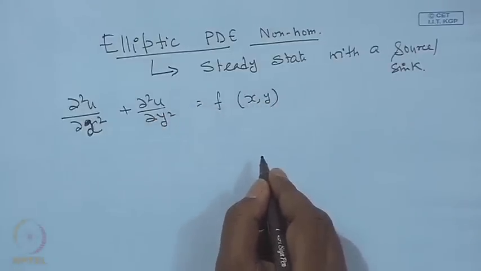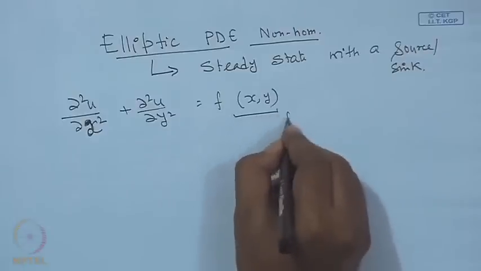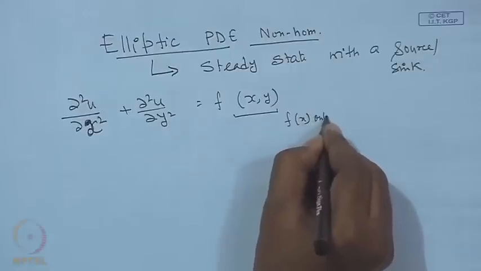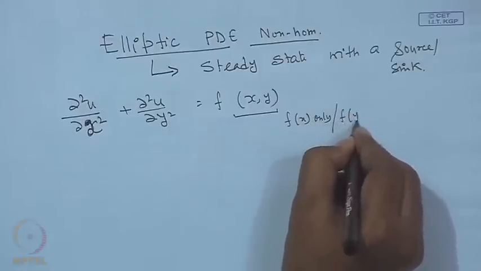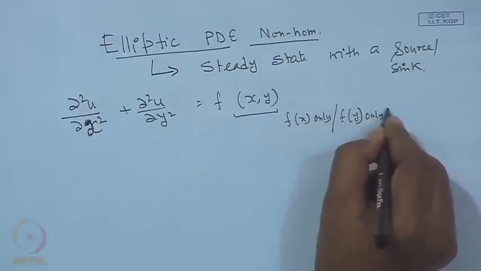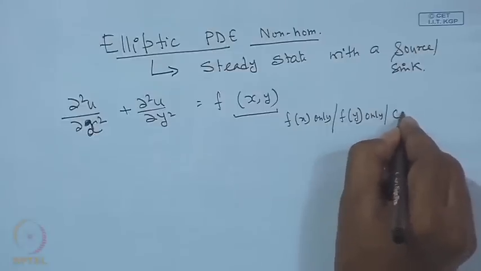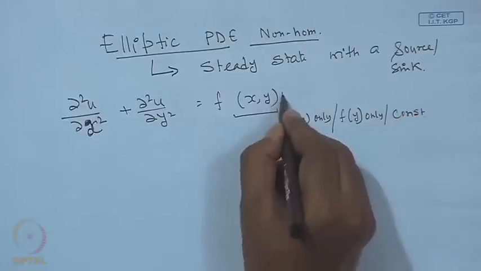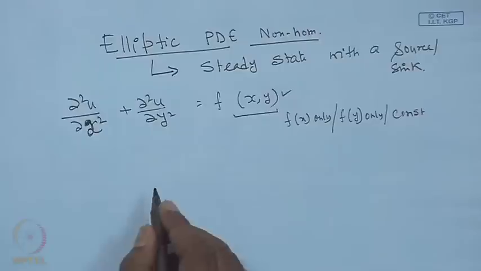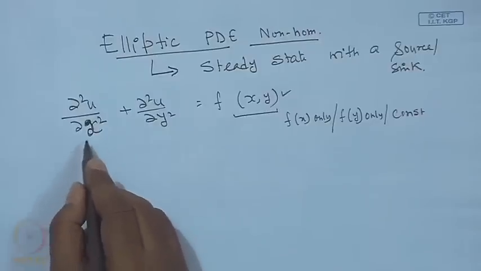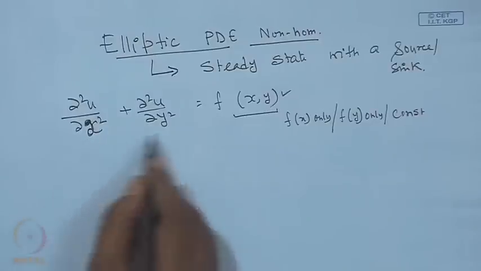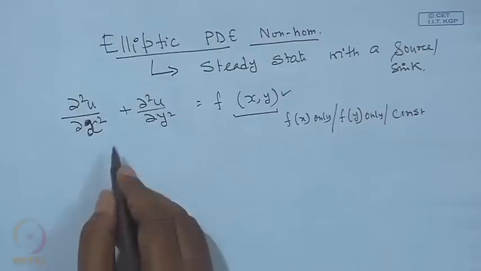Now, this non-homogeneity can be a function of x only, can be a function of y only, it may be a constant, it may be a function of x and y both. Now, we have 4 boundary conditions, 2 on x, 2 on y, because order 2 in both the directions.